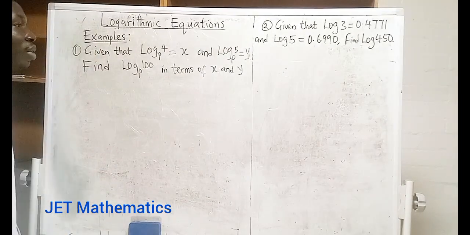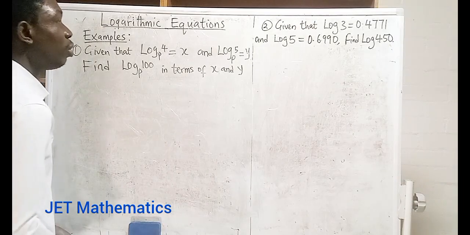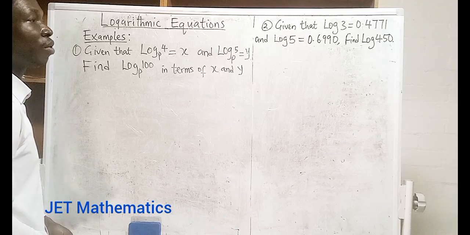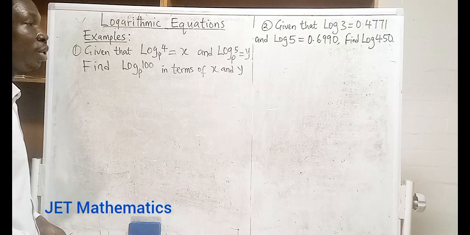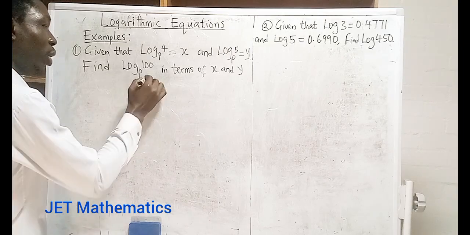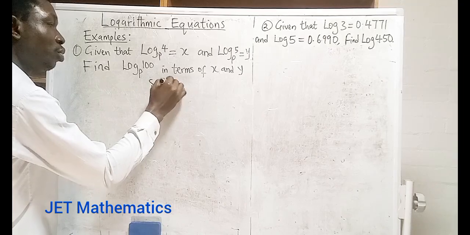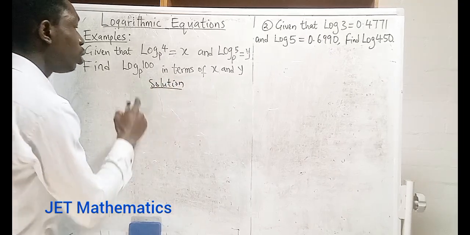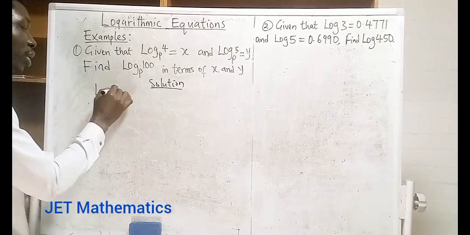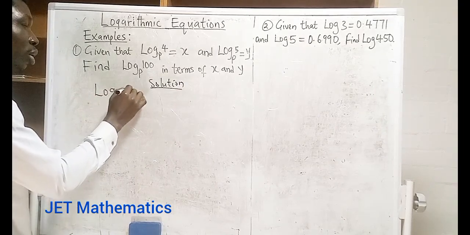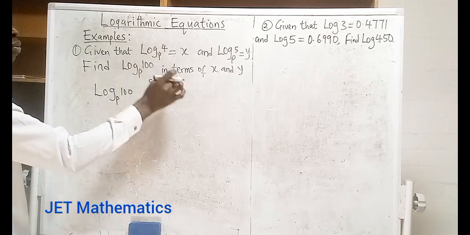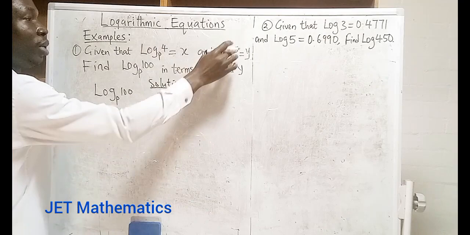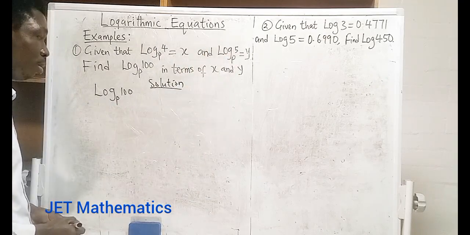The first question says, given that log 4 to base p is equal to x and log 5 to base p is equal to y, find log 100 to base p in terms of x and y. All we need to do is try and express log 100 to base p in terms of log 4 to base p and log 5 to base p.